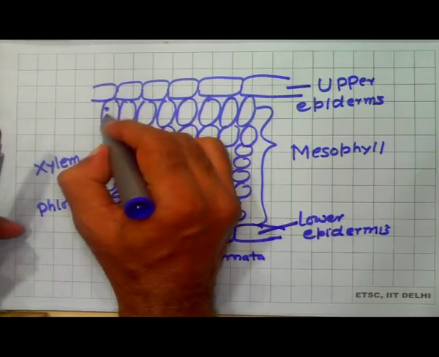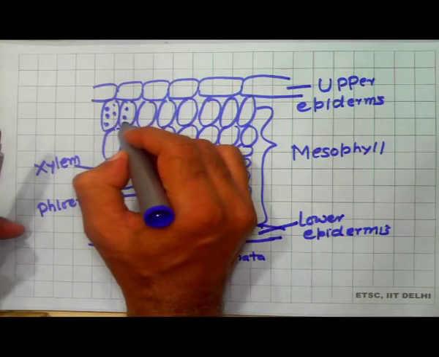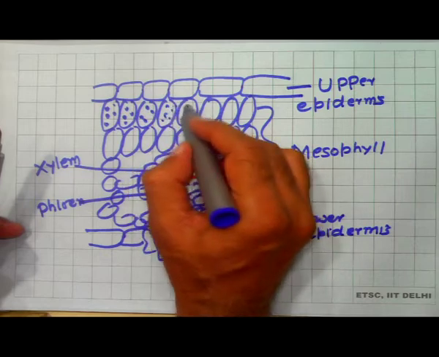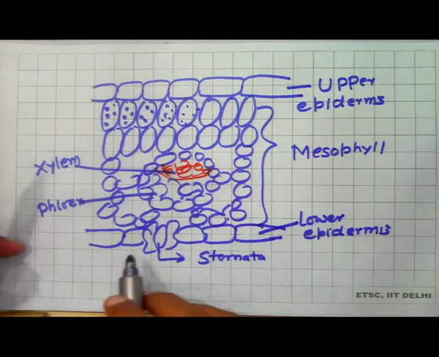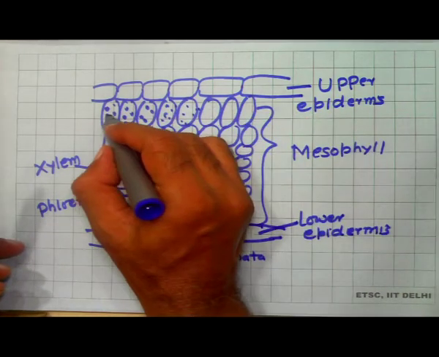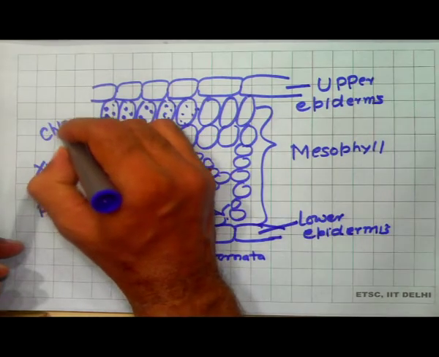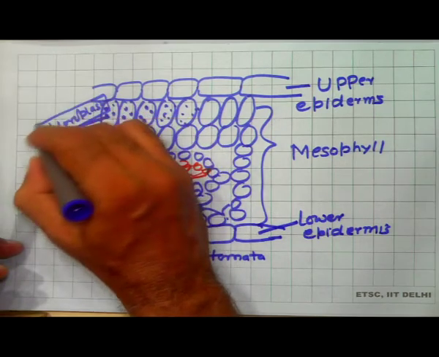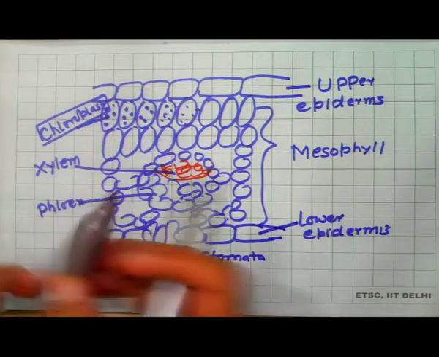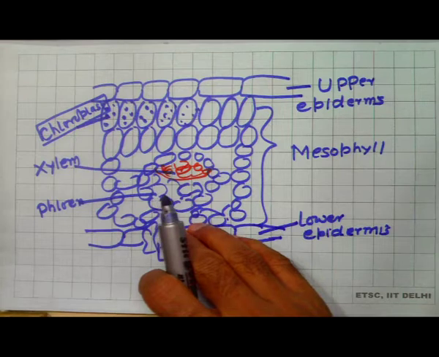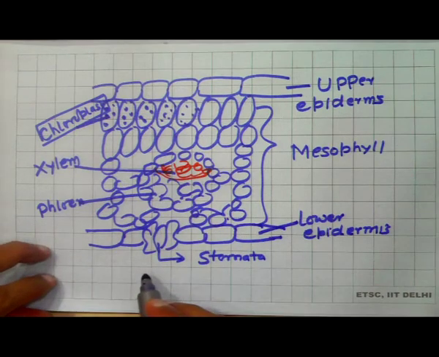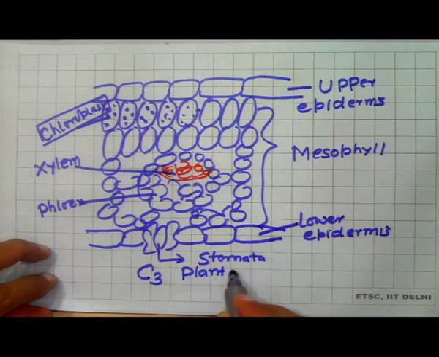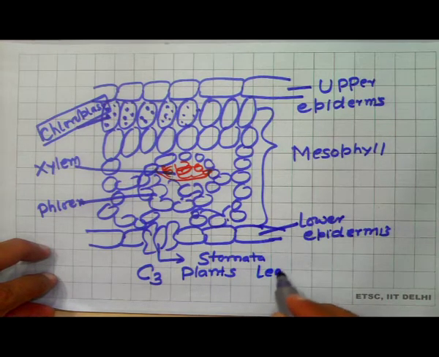In palisade parenchyma a large number of chloroplasts are there, and photosynthesis takes place in the chloroplast. Light reaction takes place in grana and dark reaction takes place in the stroma. This is the normal C3 plant leaf anatomy.